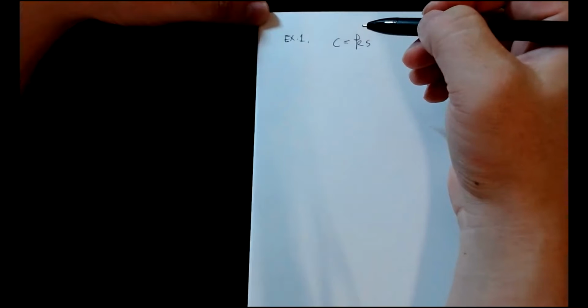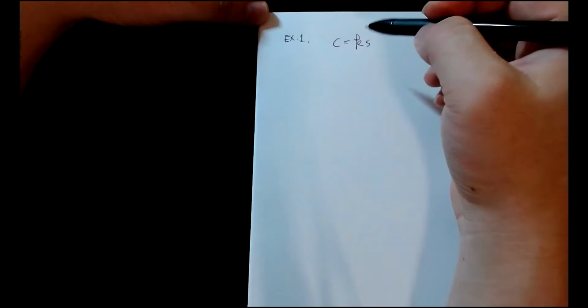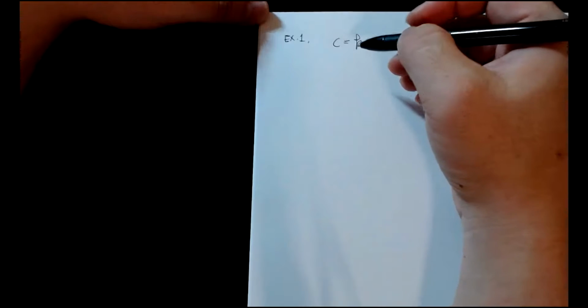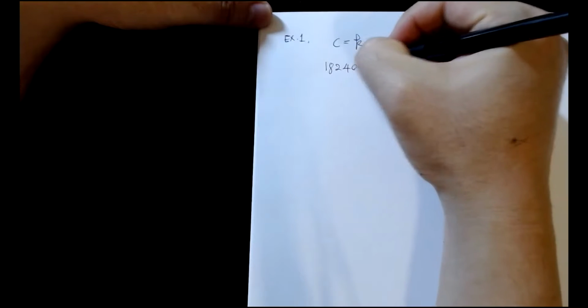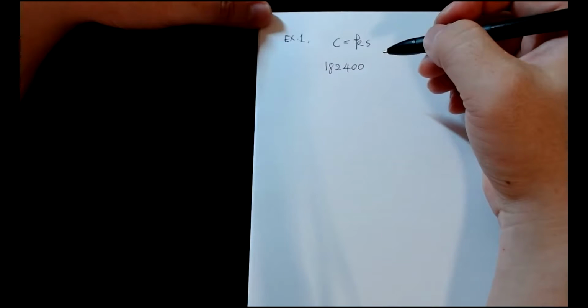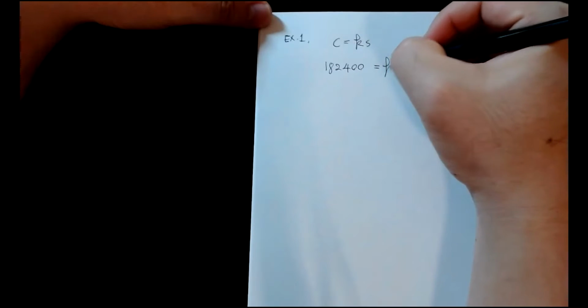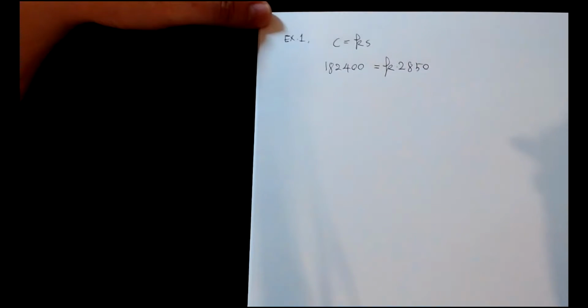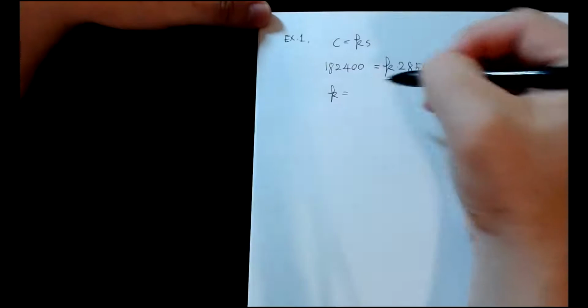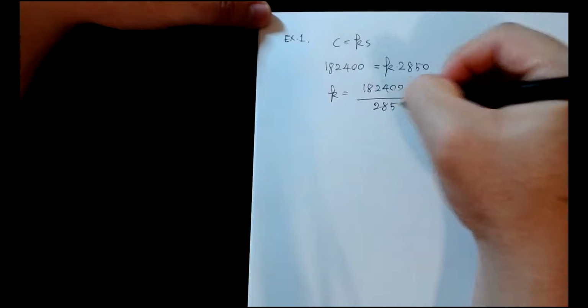Then the cost of the house whose size is 2,850 is 182,400. So 182,400 is equal to k times the size, 2,850, right? Okay, so what is k? k is going to be 182,400 divided by 2,850.